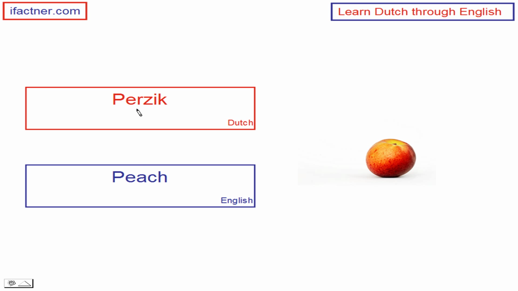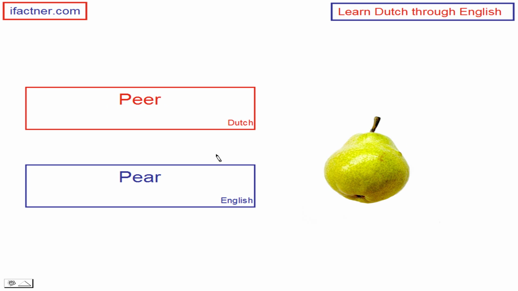Peach is perzik. P-E-R, per, Z-I-K, zik, perzik.